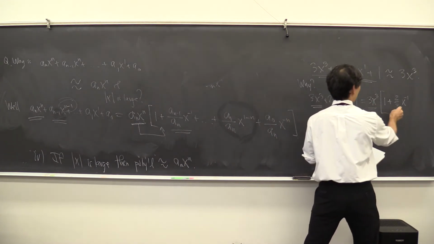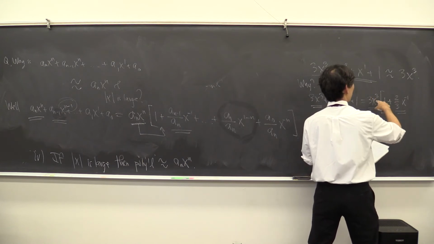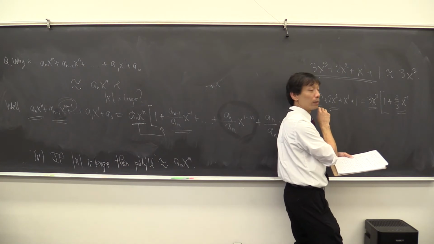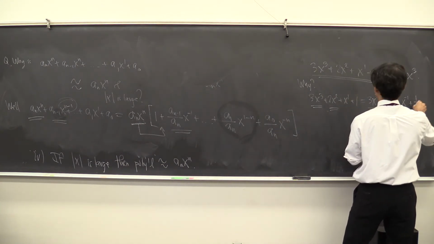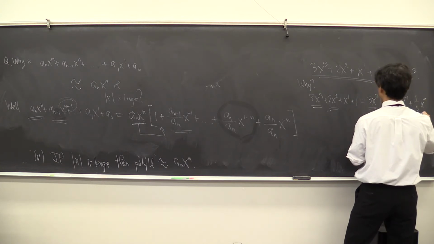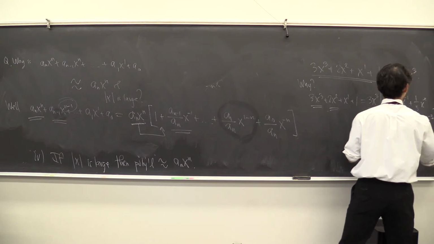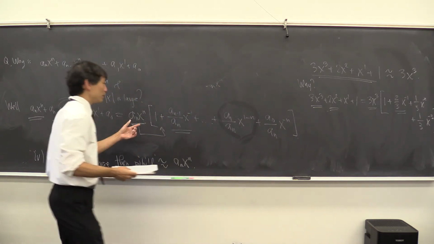Because when I multiply that times this, the 3's will cancel, and I'll get x squared, right? That'll give me my 2x squared, and then I need 1/3 x to the minus 2, and then again 1/3 x to the minus 3. Okay, so that's all I'm doing over here.